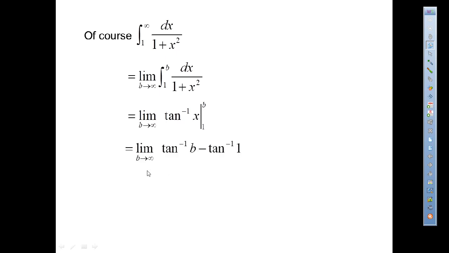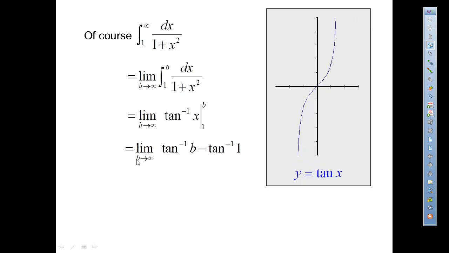So we end up with, we take the inverse tangent as b goes to infinity, it's going to approach pi over 2.